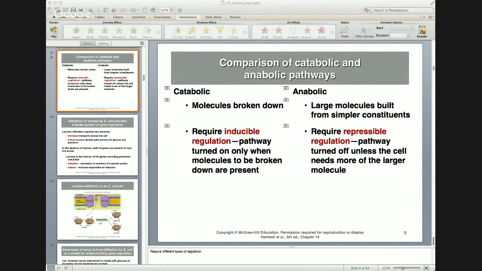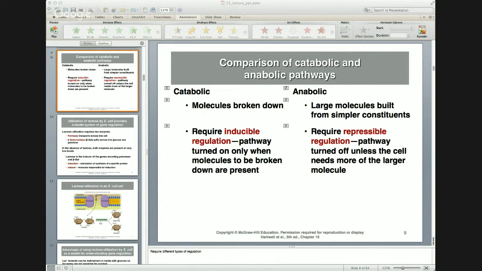so in a cell, we know that metabolism occurs, and regulation of metabolism really occurs at the level of transcription or even translation. And metabolism is divided, I should say, into two phases. You have what is known as catabolism and anabolism. And these two pathways require different types of gene regulation.